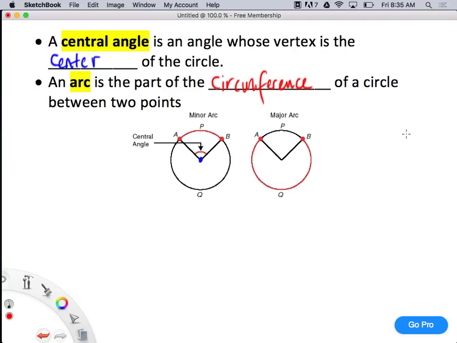You see how that's an arc? Think of arc, arches. That is an arc. Got it? Okay.